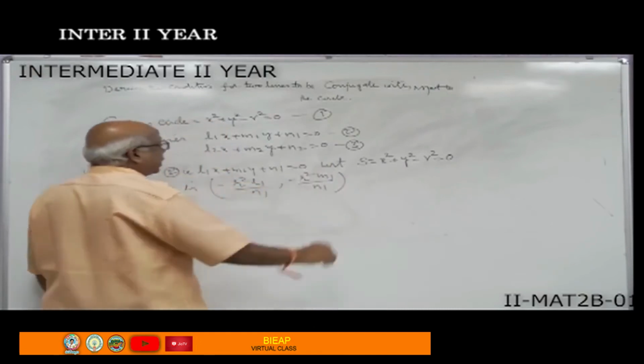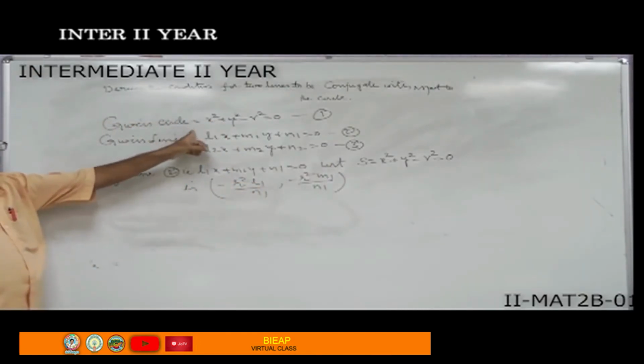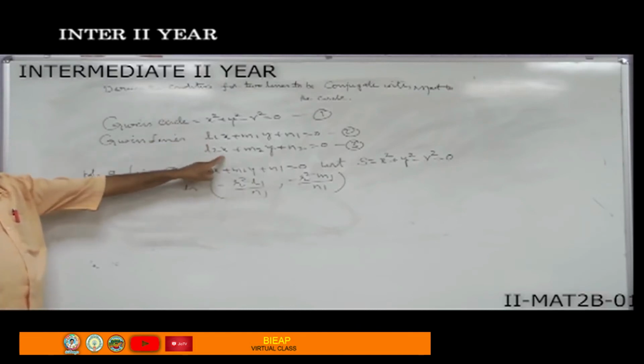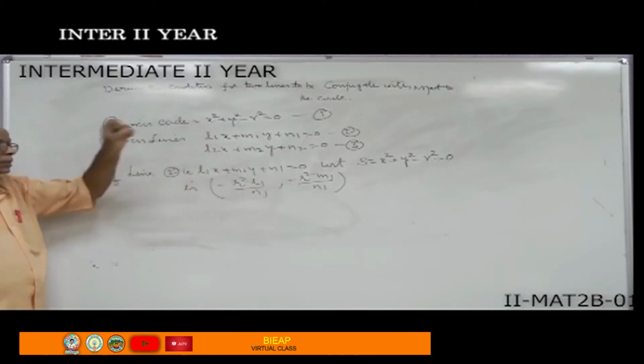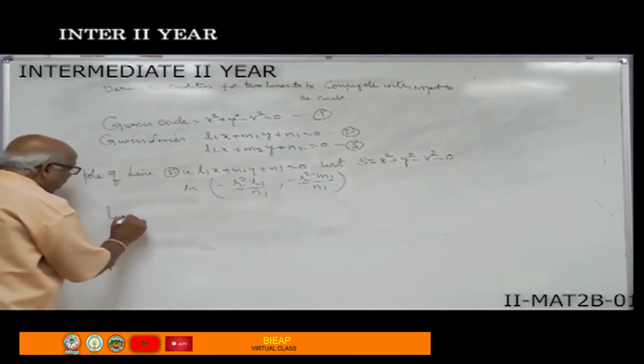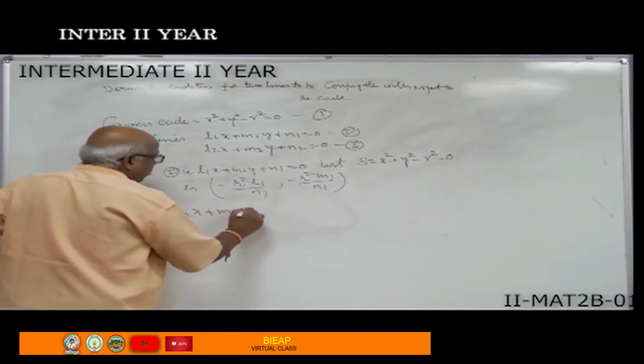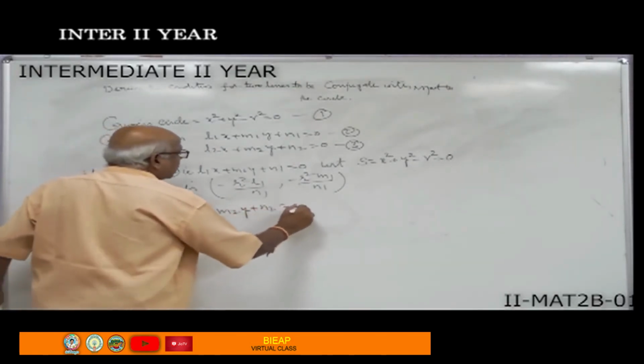Just now we derived it. When can you say these two lines are conjugate? The pole of the first line lies on the second one, and the pole of the second lies on the first. So it lies on L2x plus M2y plus N2 equal to 0.